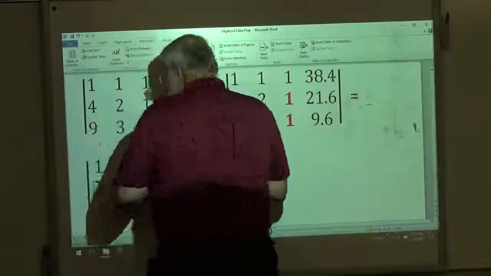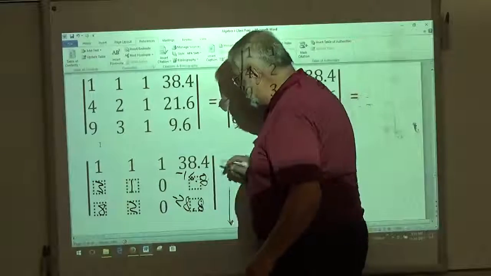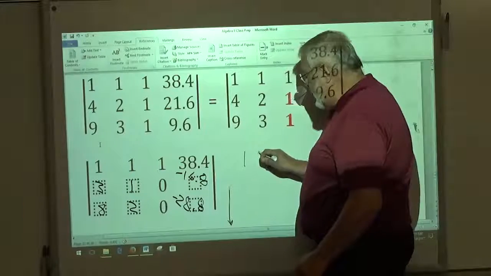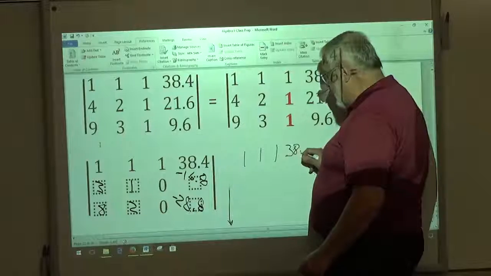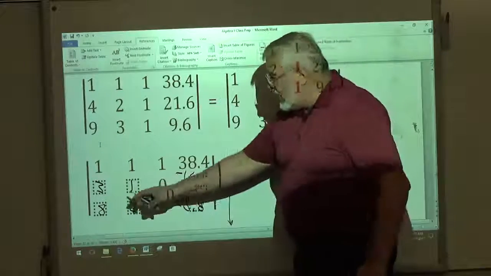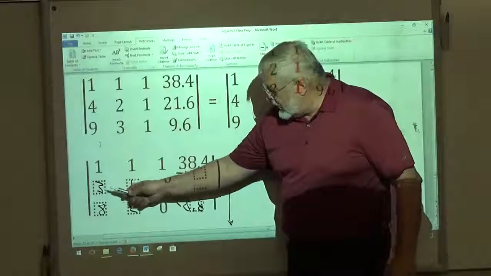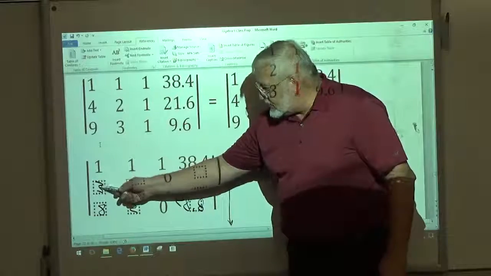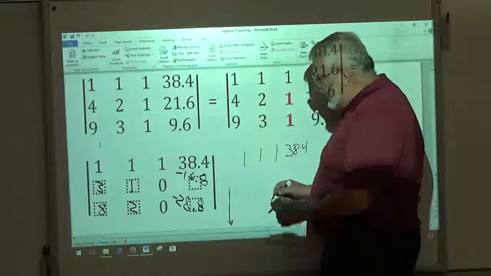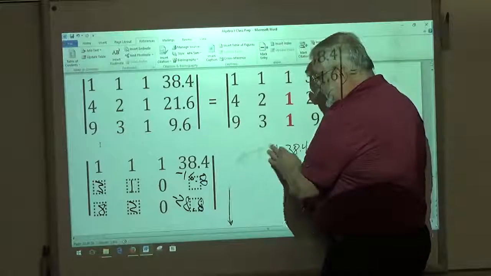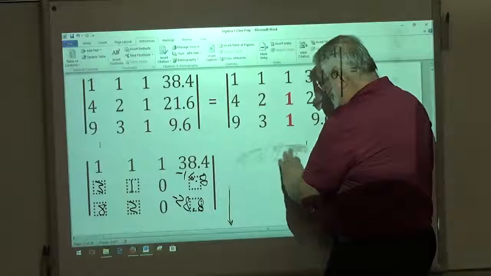So when I take 1, 1, 1, and 38.4, that stays. Then I take this, subtract this. Oh, wait a minute, I'm sorry, I'm going on backwards here. I should have had the second one there.